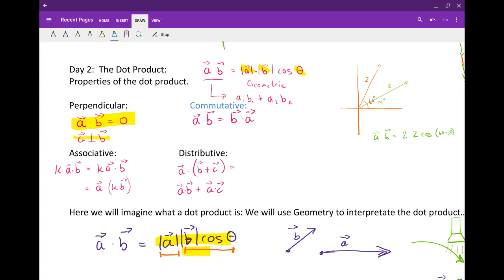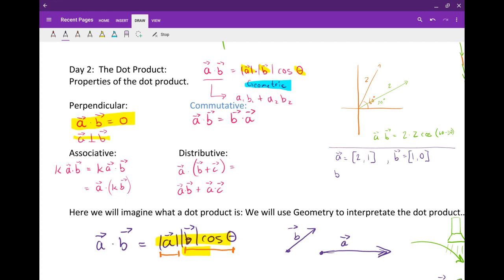Now notice I've given us geometric type vectors. If your vectors are issued to you in Cartesian format, the dot product is done slightly differently. If our vectors are in Cartesian format, A might be 2, 1 and B might be 1, 0.